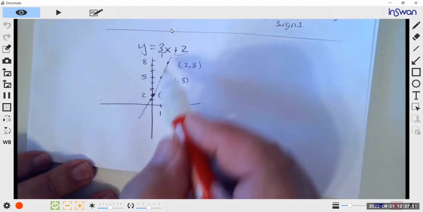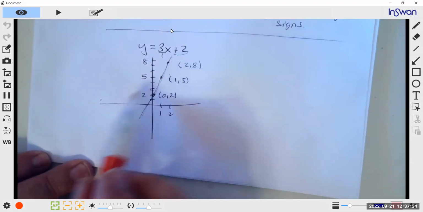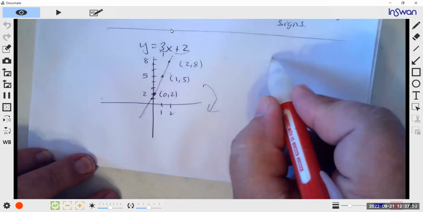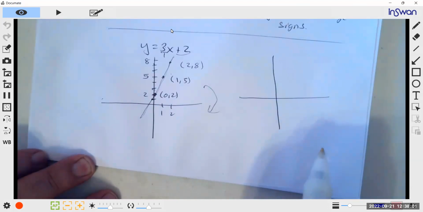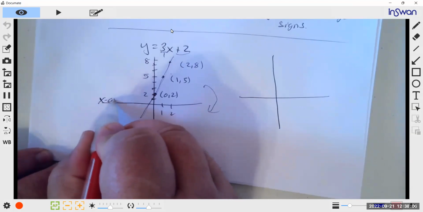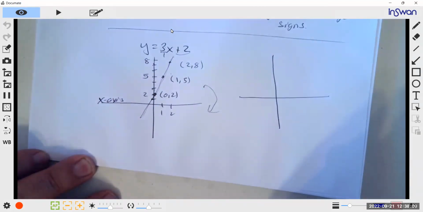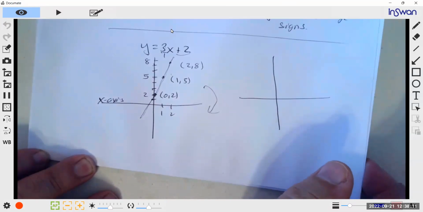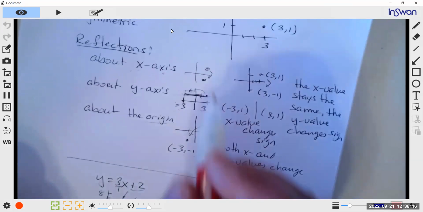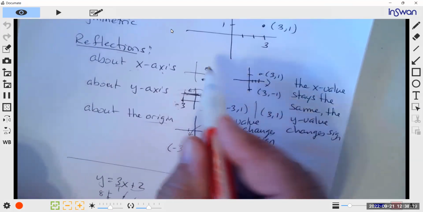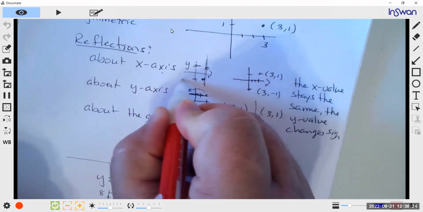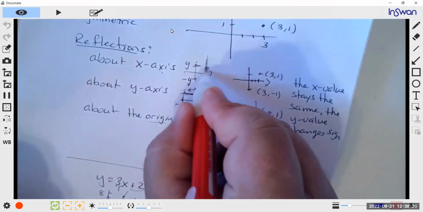So now, what if we want to flip this line across the x-axis? To flip it across the x-axis, what stays the same? The x values stay the same. Y goes from positive to negative, and the x value stays the same.